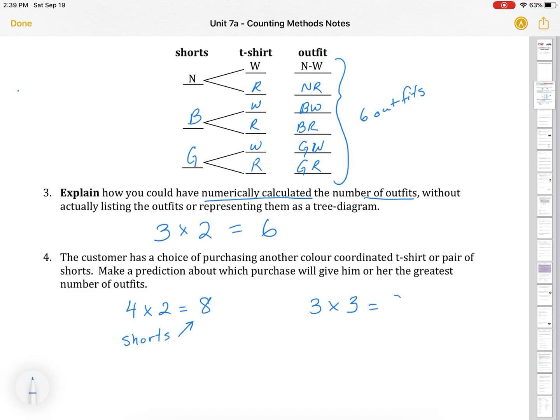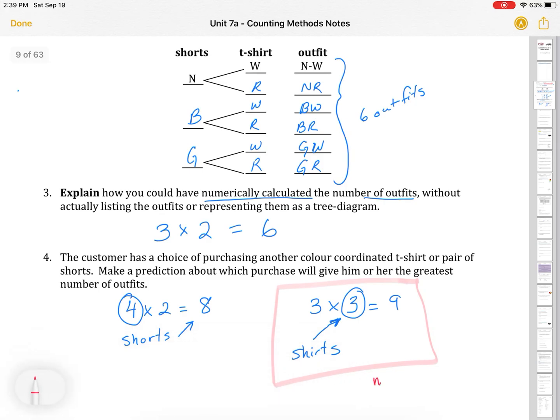If, however, he buys the shirt, he's going to have 3 pairs of shorts times 3 t-shirts, which will give them 9 outfits. So this is the shirt. This is by increasing the shirts to 3. Here we increase the shorts to 4.